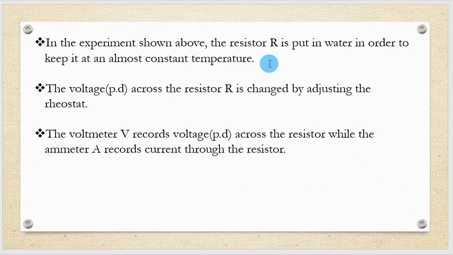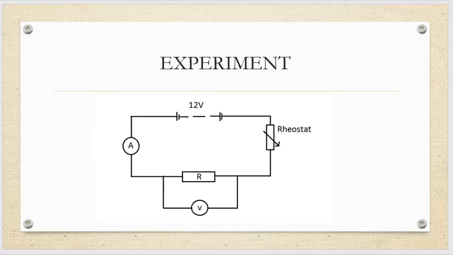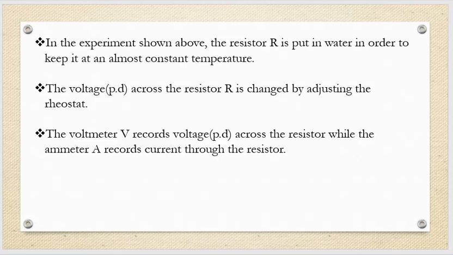So since we want the temperature to be constant, the resistor R is submerged in water. The idea here is that since water has high specific heat capacity, it can absorb heat from the resistor without changing its temperature in a short period of time. So that's the reason why the resistor R is submerged in water.